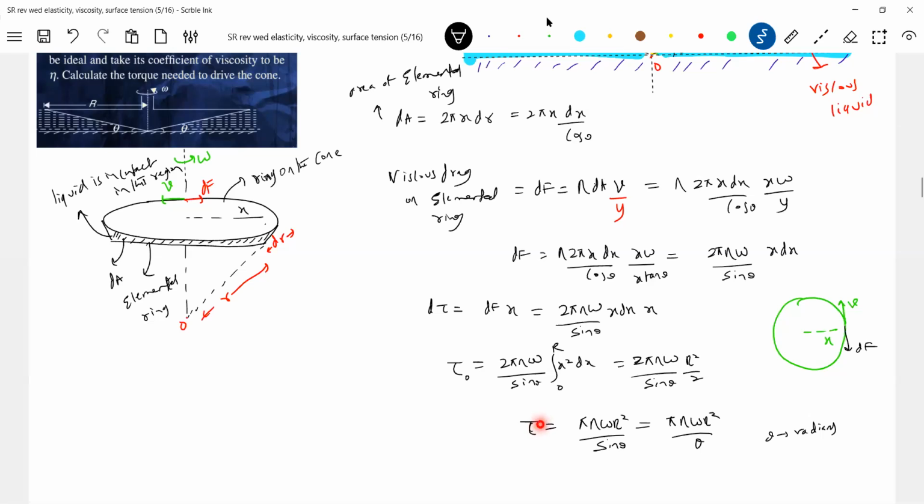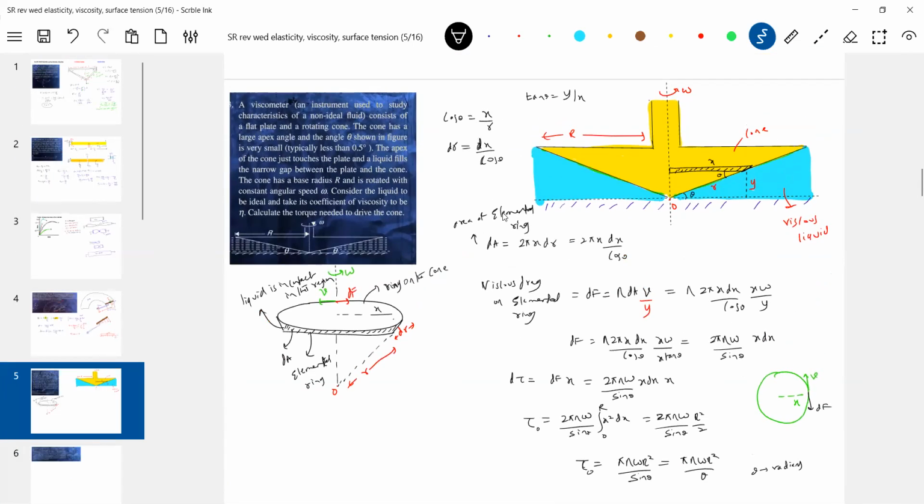Okay, there's a torque. What happened? That should be applied on the cone to rotate it with constant angular velocity. So different types of structures will come, like disc, cylinder, cone will be rotated. So that torque we have to apply. What we calculated is the torque due to the viscous layer; equal and opposite to that, the external torque should be applied.